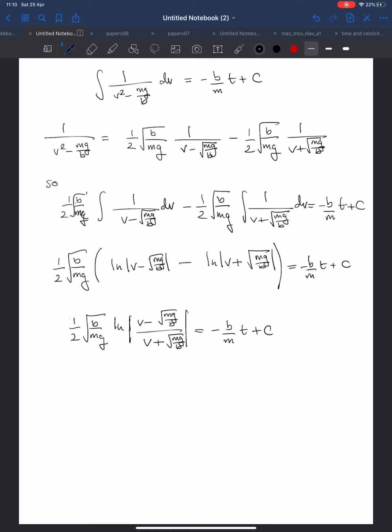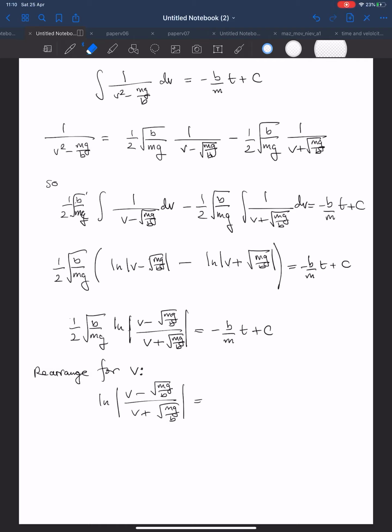Now rearrange for v. How are we going to do this? Well, first I'll divide by the obvious factor on the left-hand side. Now here I will have 2 square root, and I'll have a minus in front as well, don't forget. So what will I get?